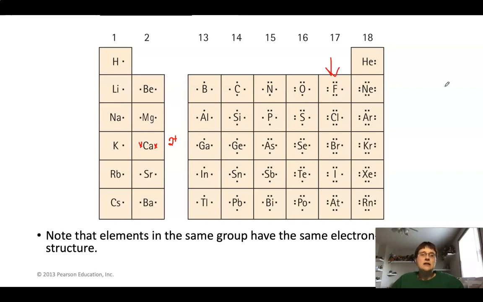Fluorine is in the group that does this. Any of these guys will become -1. This group sometimes can become -2. They don't commonly. We'll see what these elements do, as well as this group and this group. They tend to do something different, but this group can become a -2 ion at times.